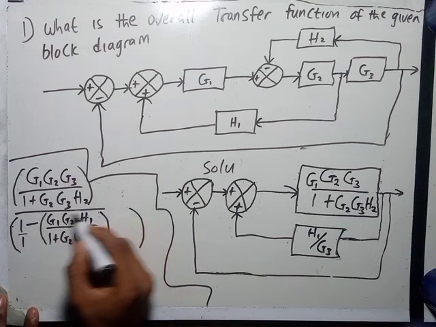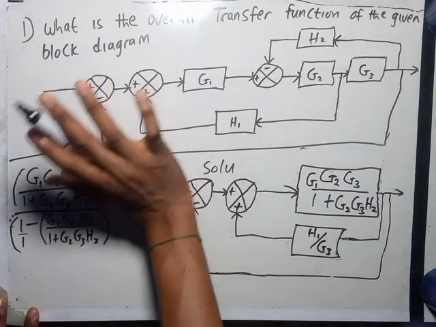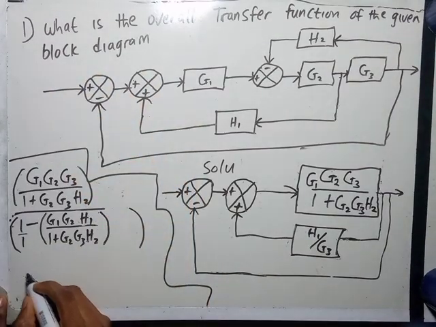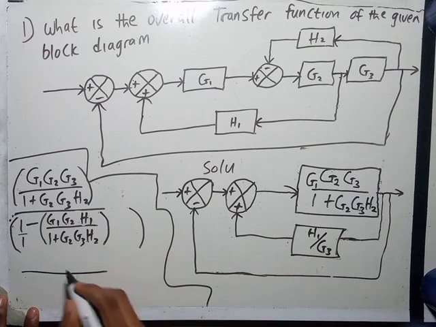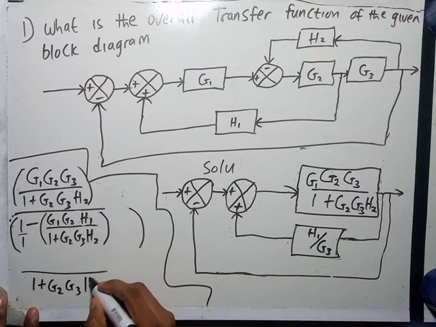Focusing on the denominator, LCM of the denominator, we can take it to be 1 plus G2, G3, H2.